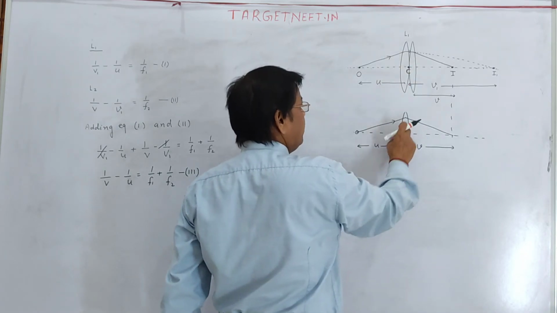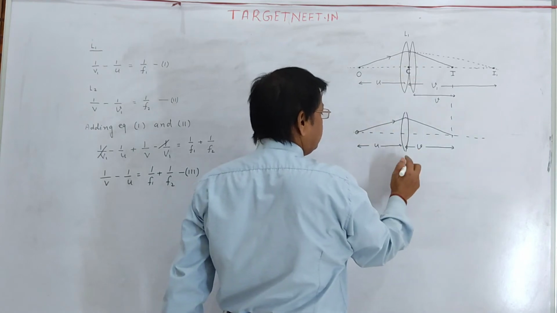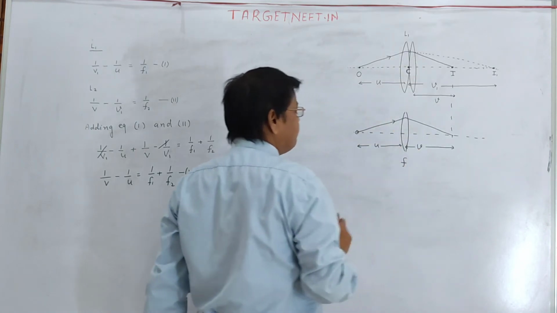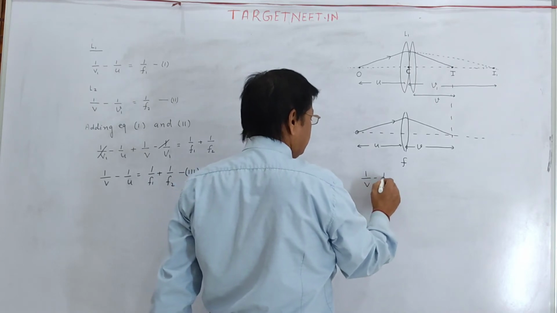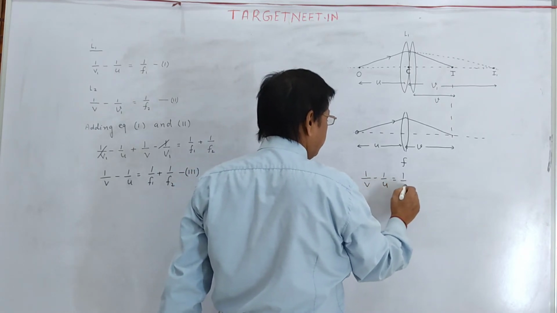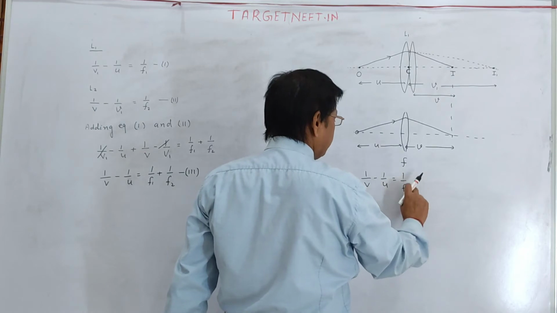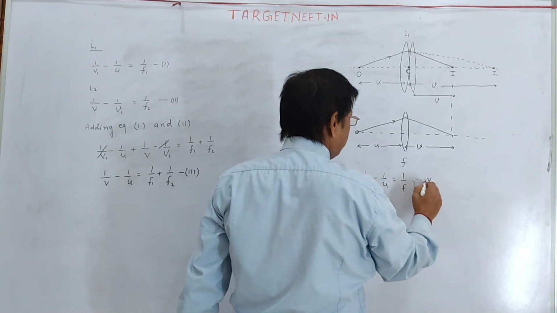So this is the equivalent lens of these two. So the focal length of this, I can write from the thin lens formula, 1 upon V minus 1 upon U is 1 upon F. So this is equation 4.